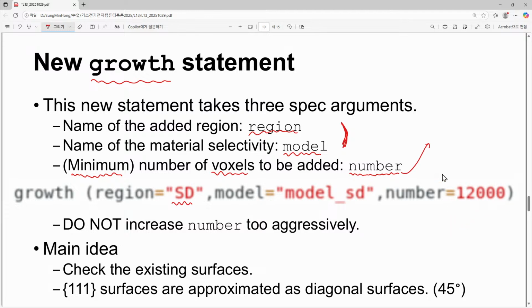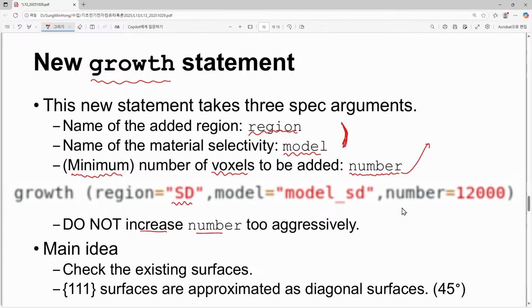Another caution: please do not increase this number parameter too aggressively. If this number is too high, then this loop cannot be stopped.